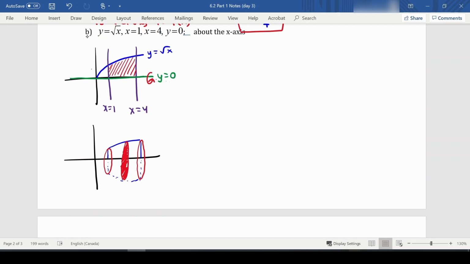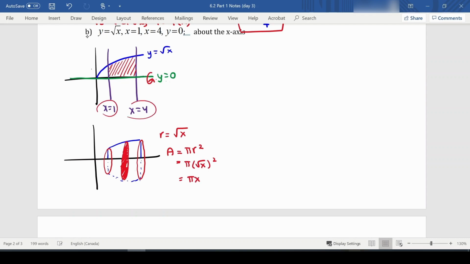So again, we have a cross-sectional area that is a disk. Our radius should be f of x. So r is root x. Our area, therefore, is pi r squared, which would be pi times root x squared, or pi x.